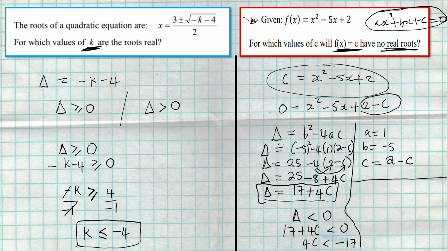So I have 4c less than minus 17. To solve for c, divide both sides by 4. Because I'm dividing by a positive, my inequality sign will remain in the same direction. It only changes when you divide by a negative. So c is less than minus 17 over 4. That's your answer there.